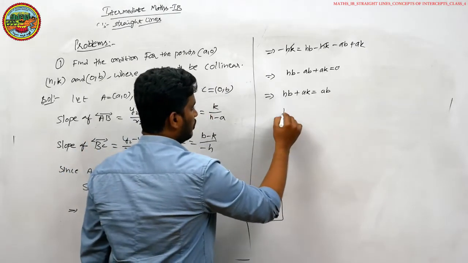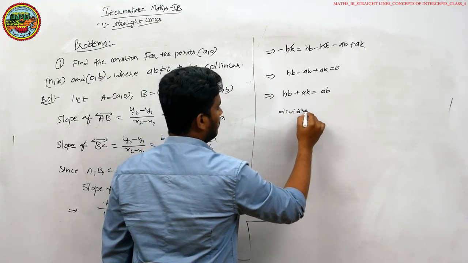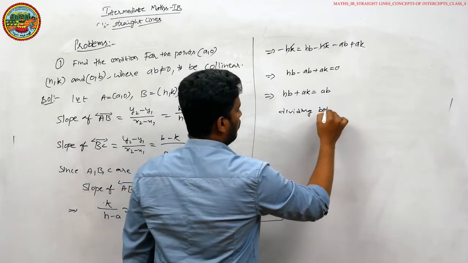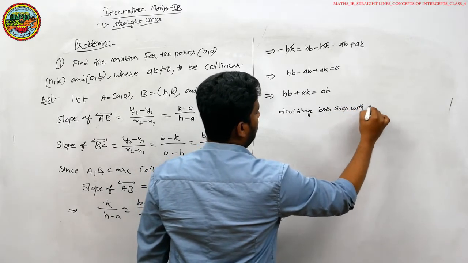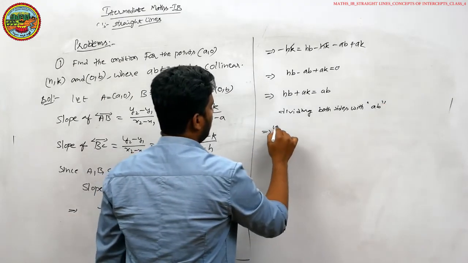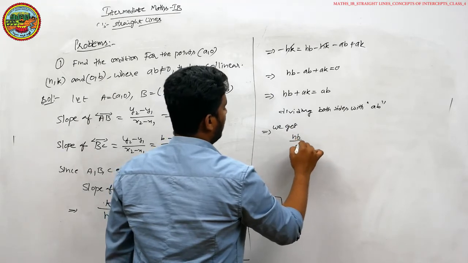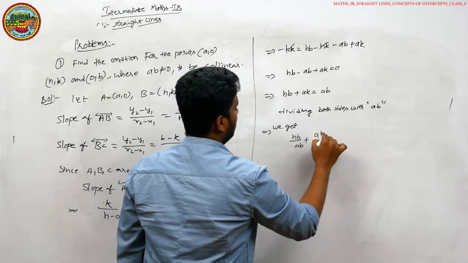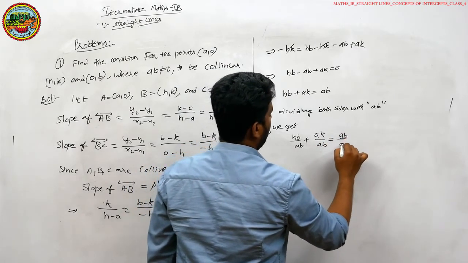So dividing both sides by ab, we get hb by ab plus ak by ab is equal to ab by ab.